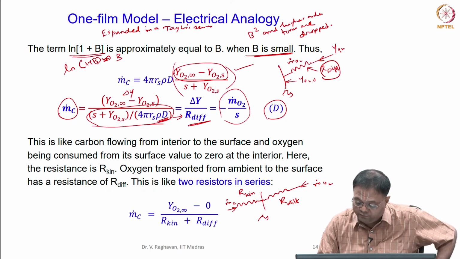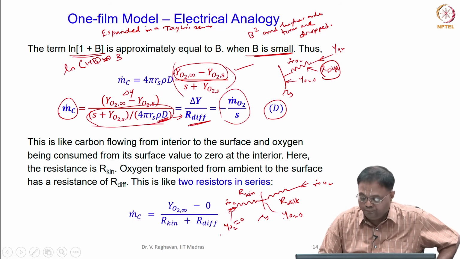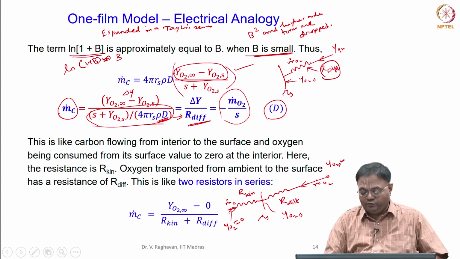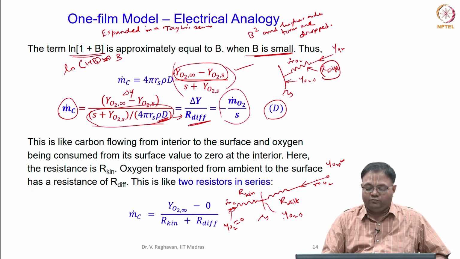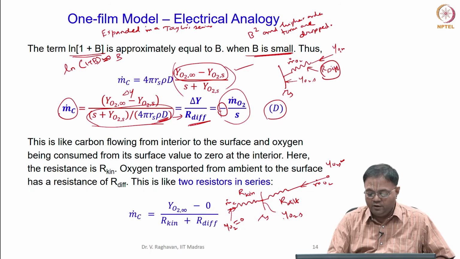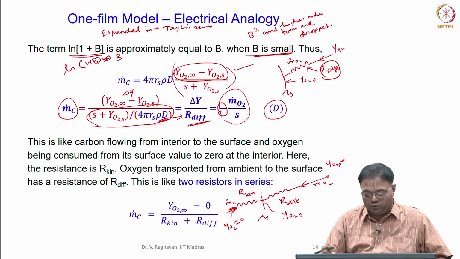We can see this is the value of YO2S, and at this point YO2 equals 0, and when you go to infinity, YO2 will reach a value of YO2 infinity. So, this is the electrical circuit we have. For the mass transport of oxygen, I put a negative sign indicating that it is in the opposite direction to the radial coordinate or the mass flow of the carbon.